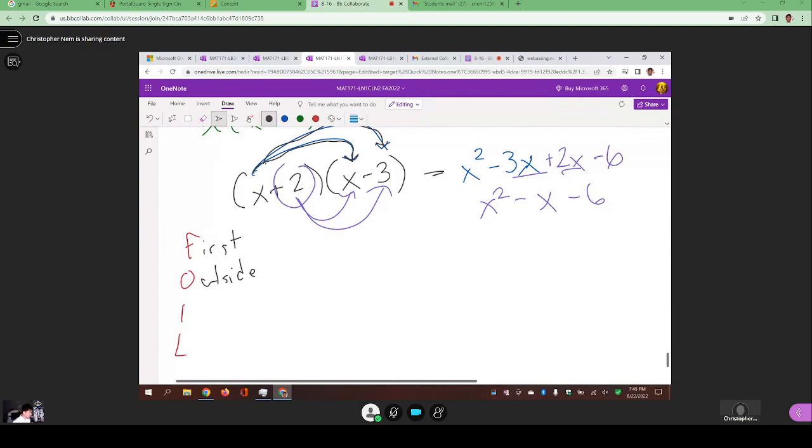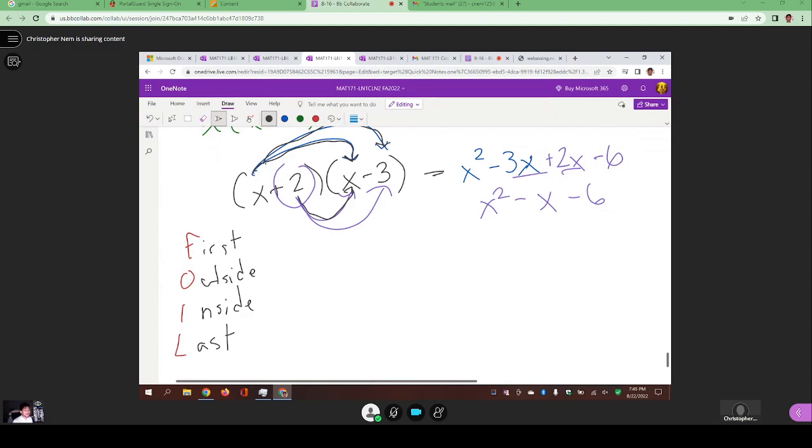Then inside, which are the terms in the center of your parentheses, 2 times x. And then the L stands for last. We multiply the last terms in our parentheses, positive 2 times negative 3. That's a way to systematically think about this.